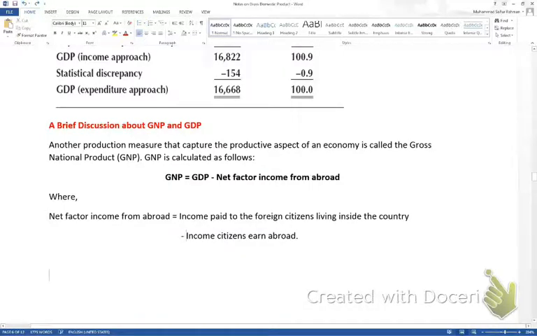So that's net income from abroad. Notice what you are doing. If you substitute net income from abroad, you are basically adding the income of the citizens to GDP and subtracting the income paid to the foreign citizens living inside the country, and that gives you an idea about how much output is being produced by citizens of the country regardless of where they live.